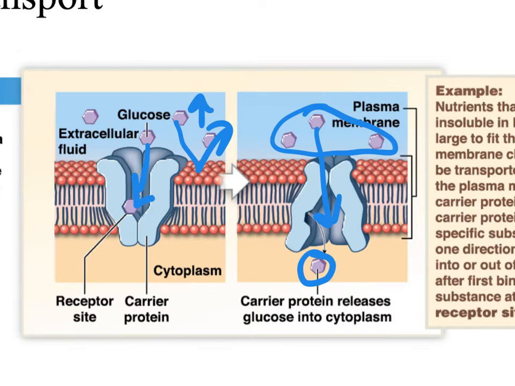However, it's prevented from entering the cell by that plasma membrane, unless, as in the case of glucose here, it finds a carrier protein that it's able to attach to and then make that trip across the plasma membrane. And because there's all that potential energy built up, no energy is required to make those molecules move. They naturally move towards low concentration. So it's still passive transport.